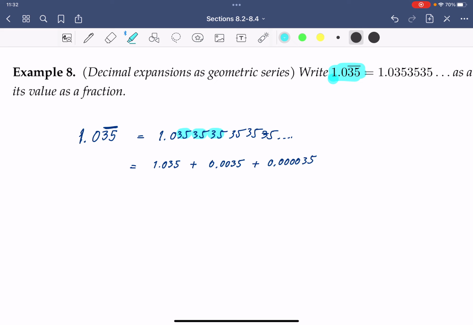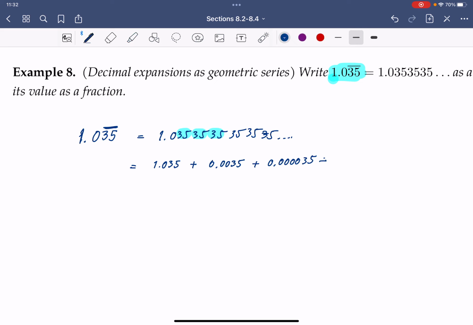Okay, this is 0.035 and then keep going.